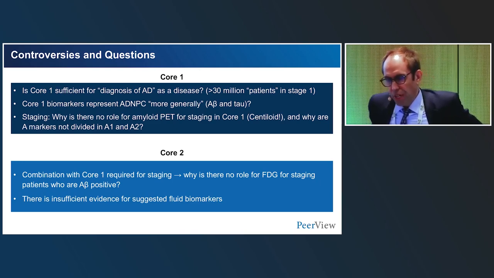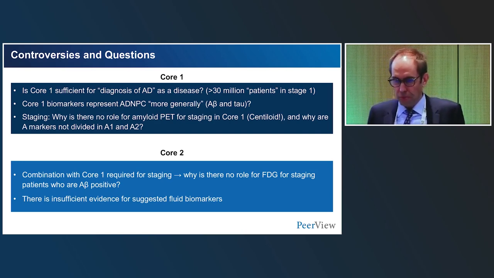So these new criteria are certainly aiming towards important questions and also providing guidelines for application of the biomarkers. But also there are some controversies and questions with regard to our imaging tools that we need to be aware of, in my opinion. Core 1 is, I think, important information, and should be sufficient for diagnosis of Alzheimer's disease as a disease.